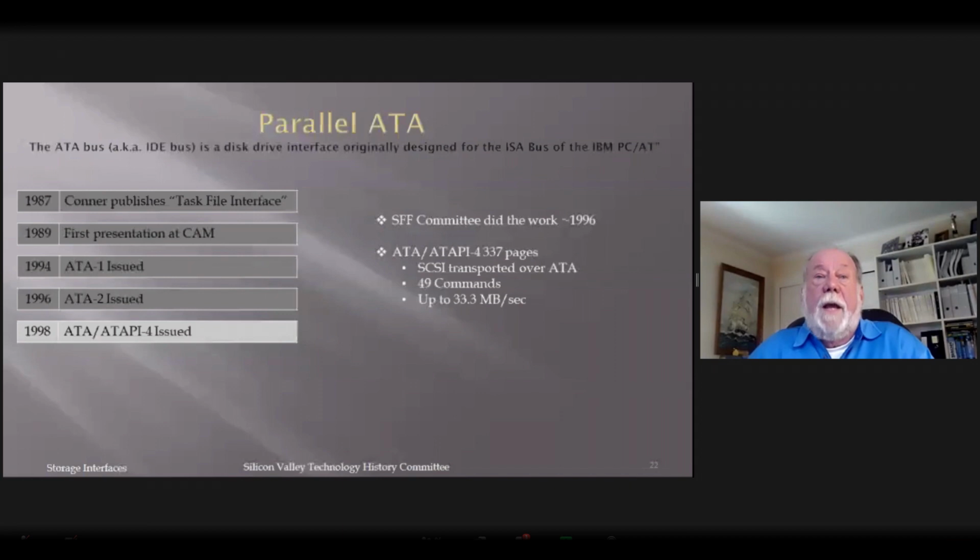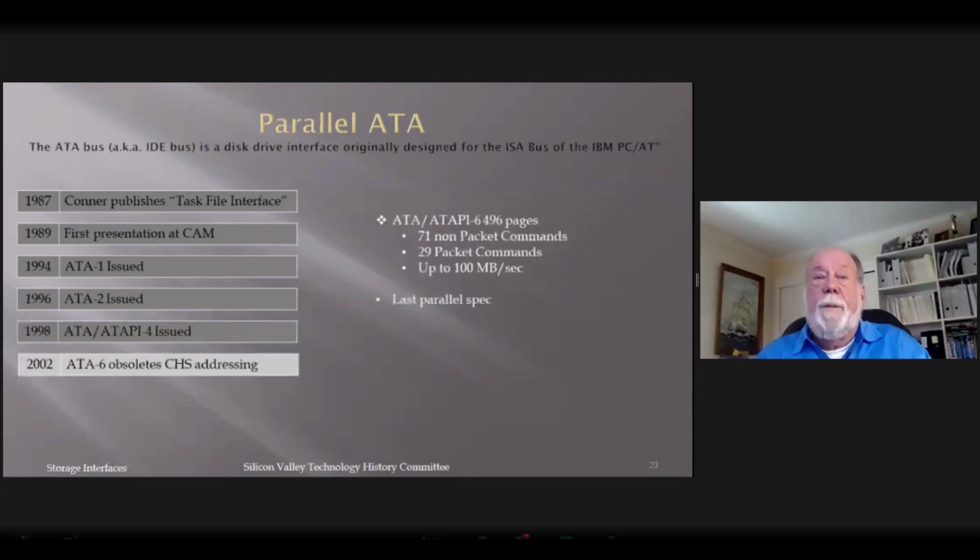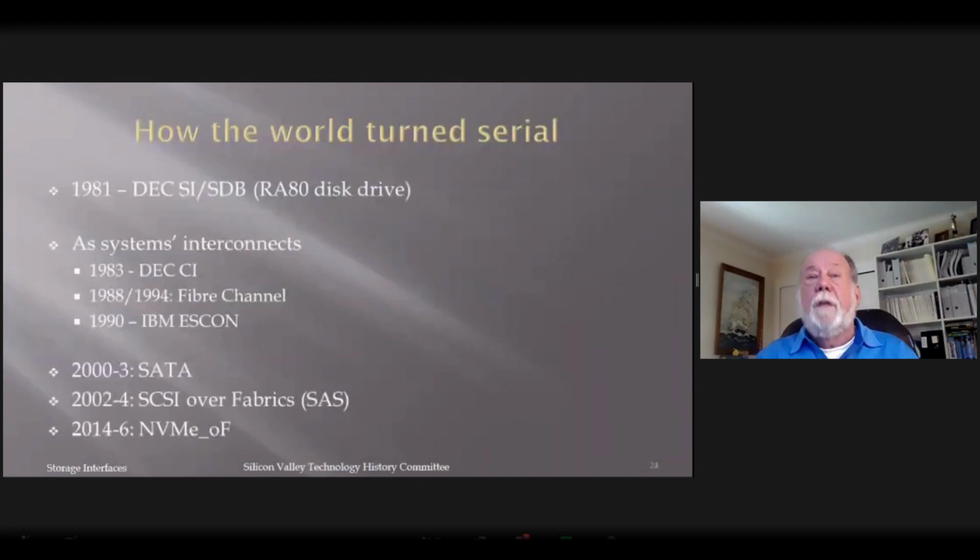The big change was ATA4 in 1998, which basically transported SCSI across the ATA interface. It was a packet interface, more commands, higher speed. And then by ATA6, 2002, it became obsolete, and that was the last parallel interface. So this century is a serial century.